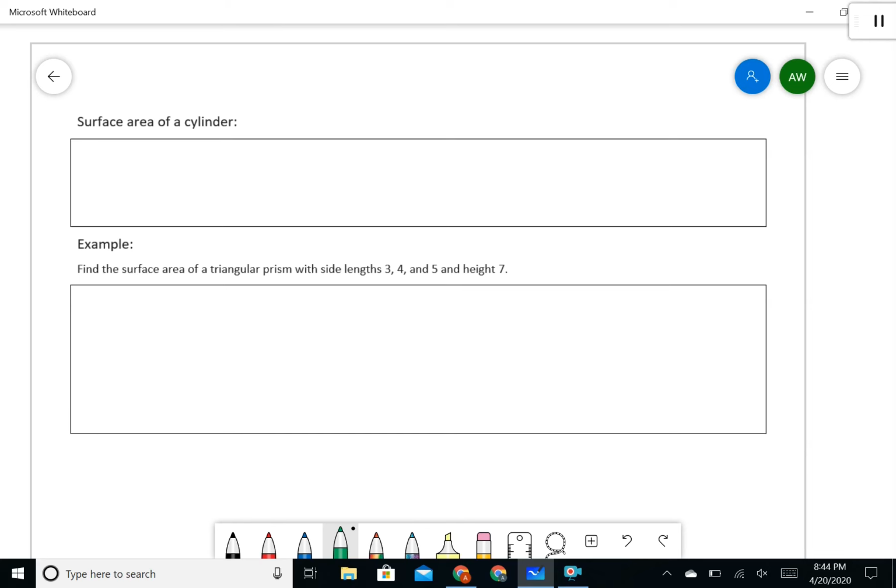Now what we saw when we were looking at those objects is that the surface area is made up of 3 parts, right? So surface area is 3 individual pieces. I had 3 pieces of wrapping paper for both of my examples. So the first piece of wrapping paper is the part that went on the top. So if I had my box, that first piece of wrapping paper was the top.